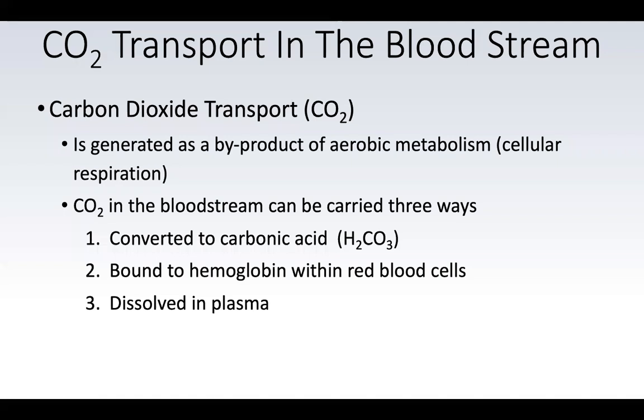On the slide, we highlight the 3 ways. You might be asked about this, so I'm highlighting it for you. The 3 forms, the 3 ways in which carbon dioxide may be present in the bloodstream. Carbonic acid, because of carbonic anhydrase. It can also be bound to hemoglobin within red blood cells, not nearly as much and easily as oxygen, but possible, or it could be found dissolved in plasma.